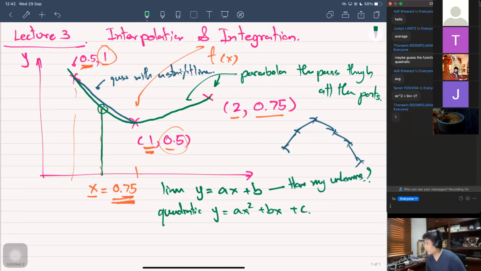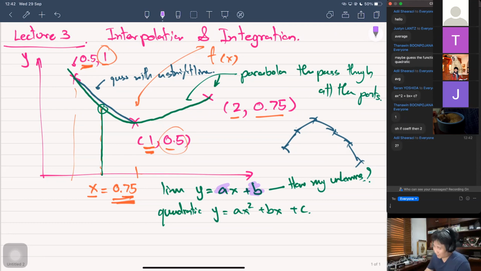How many unknowns do you need to solve to fully specify the line? Right, it's two. So which means if you have 2 points, you have 2 equations, you can solve exactly what A and B are.